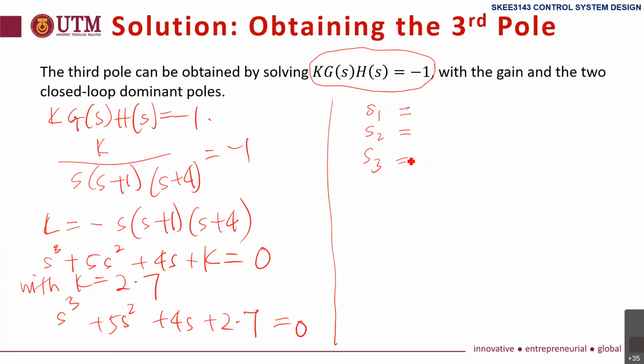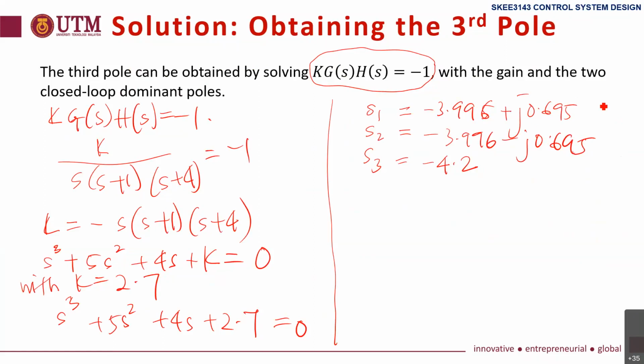Sir, minus 4.2. Where are the other 2? Minus 0.3995, plus and minus 0.695, and the other one is the conjugate negative.